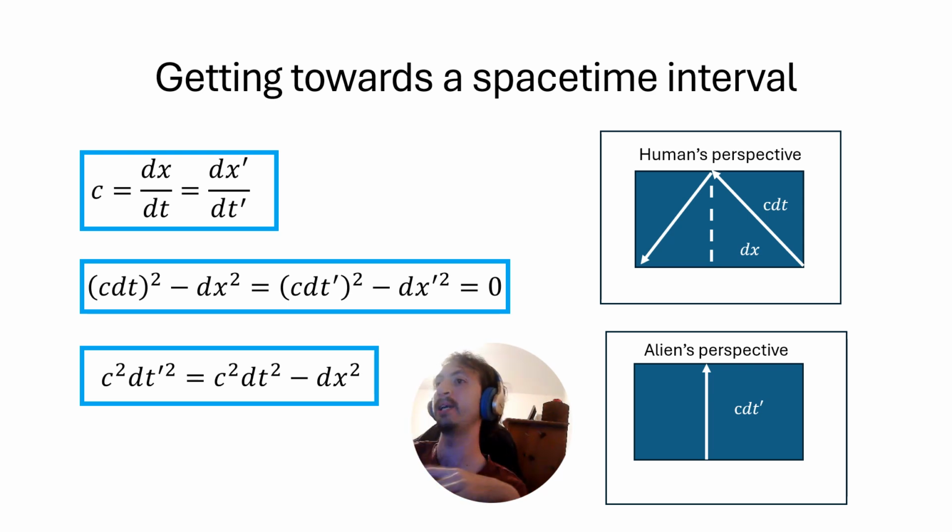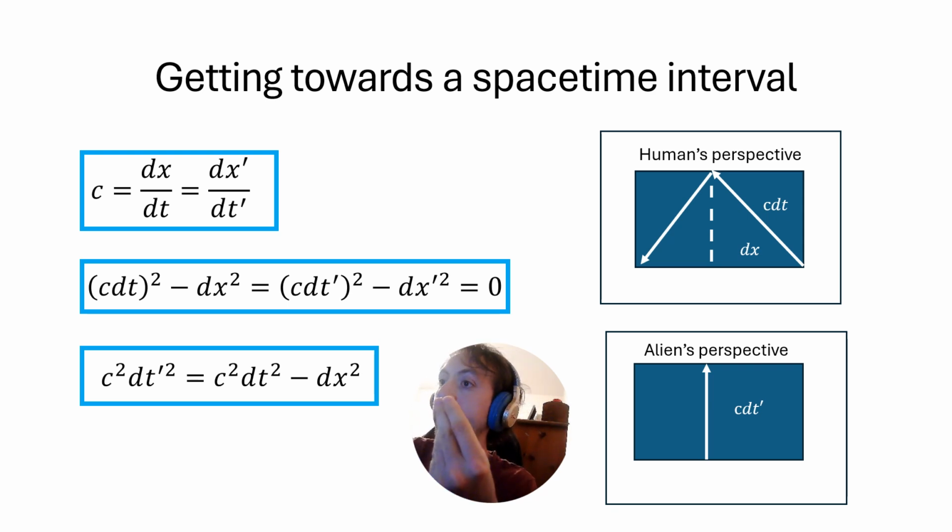It is worth saying that generally, when we say the space-time interval is the same between the primed and non-primed reference frames, you would include a dx prime. But because we're considering the alien as thinking that he is stationary, dx prime would be 0 in this case.